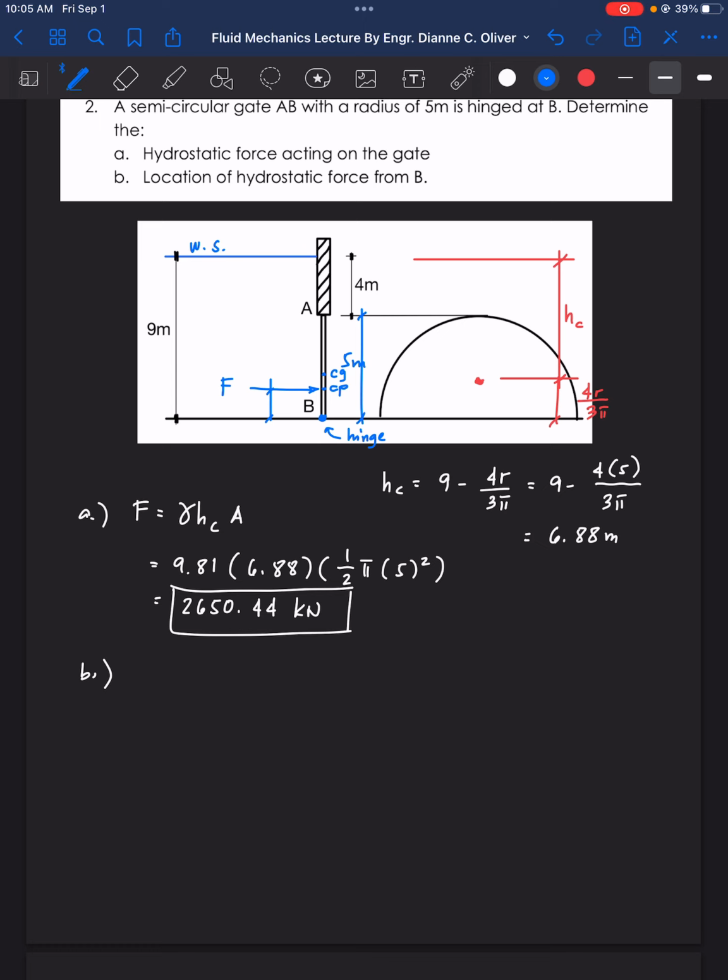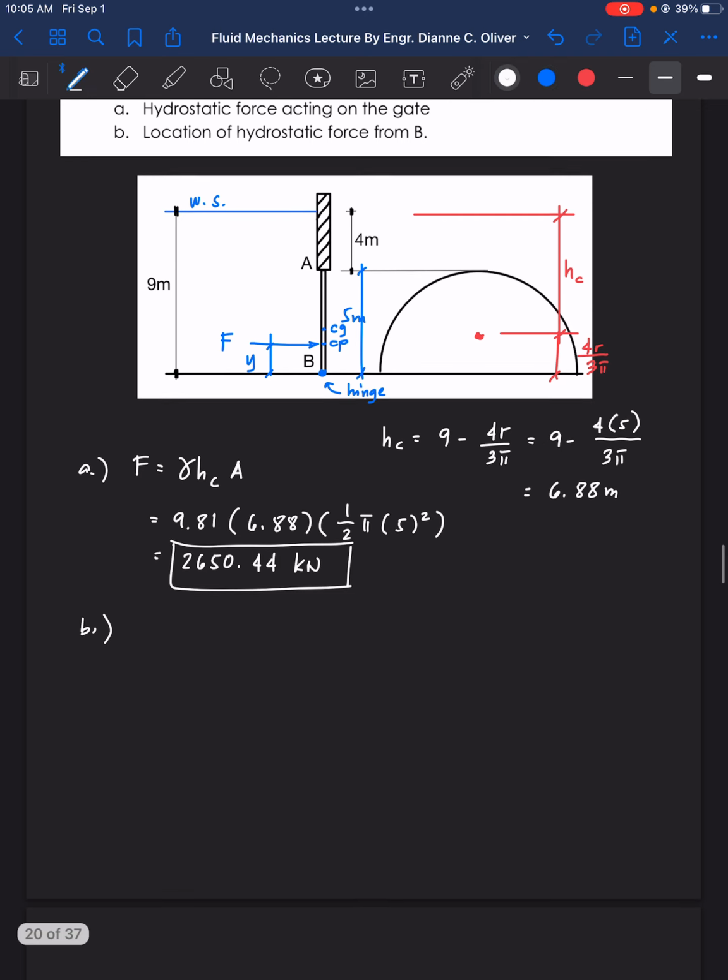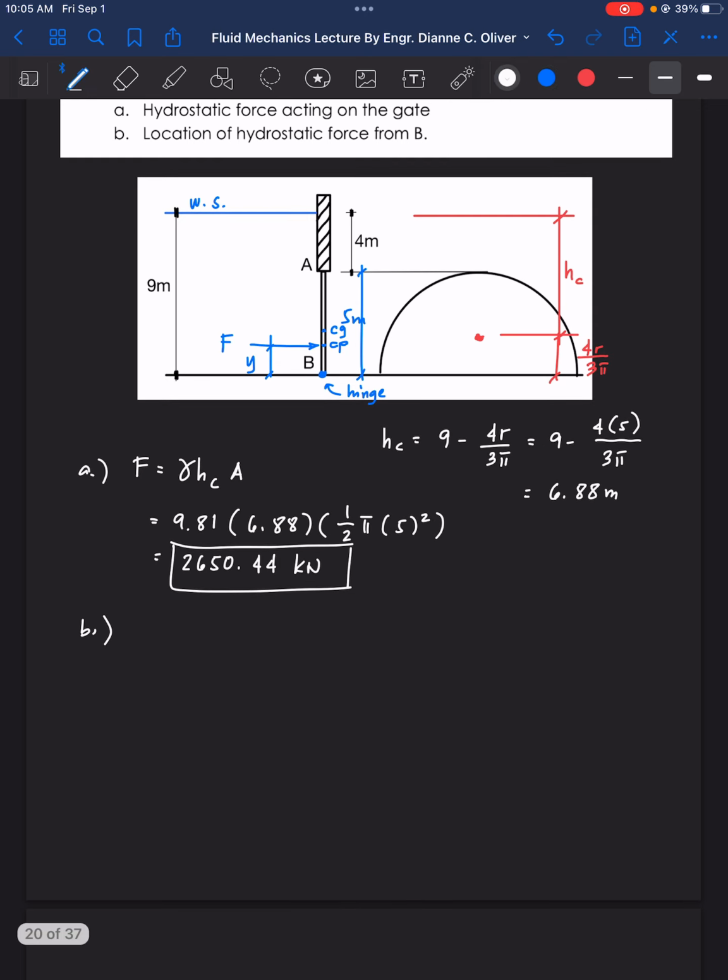So how do we solve for the location Y? How do we solve for that? Now we will need to find the value for E, right? Because our eccentricity E is the distance from the center of gravity to the center of pressure.